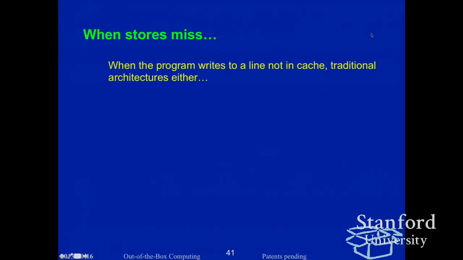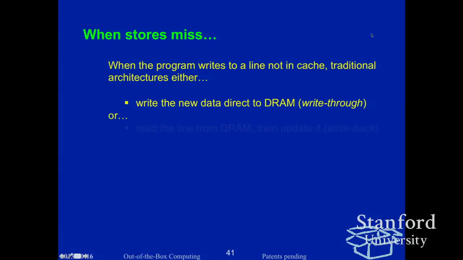When a program writes to memory and the line it's writing to is not in cache, traditional architectures have got two possible things they could do. They could take the new data and write it directly to DRAM. This is called write-through. Alternatively, they can issue what amounts to a load, a read to bring in the cache line, and then once the cache line is in, they can simply update it as if it had been there from the beginning.